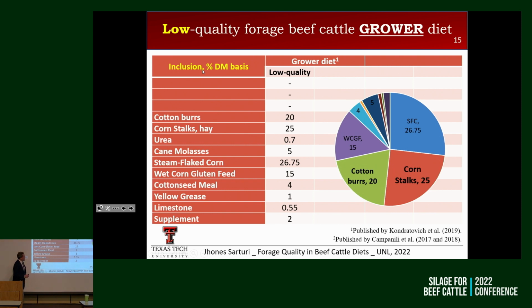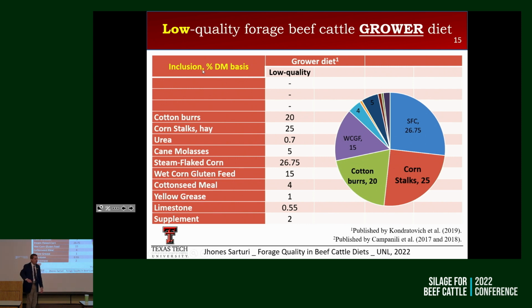Okay. So how are we going to show this for you guys? I have four scenarios. The first scenario that I'll share with you will be the low quality grower diet. The scenario that I plotted was, what if I take this low quality grower diet, which has two main roughage ingredients, my cotton burrs and my corn stalks, representing almost half of my diet, 45% on a dry matter basis.